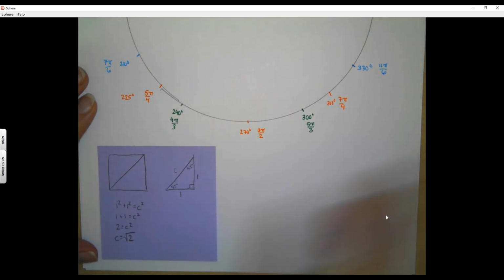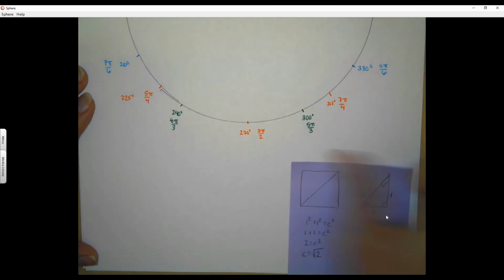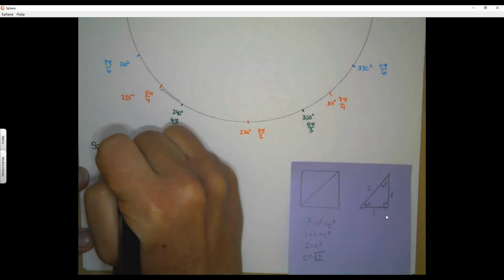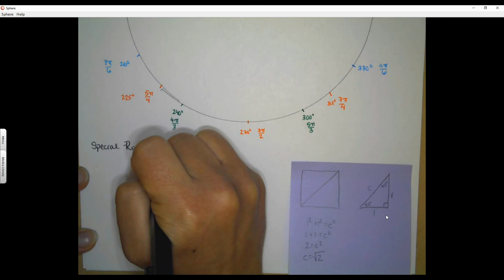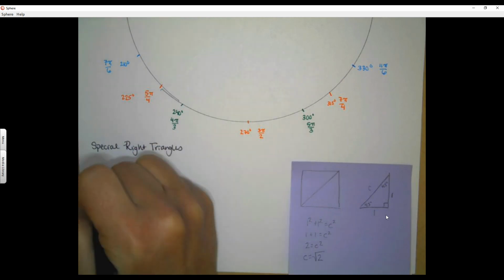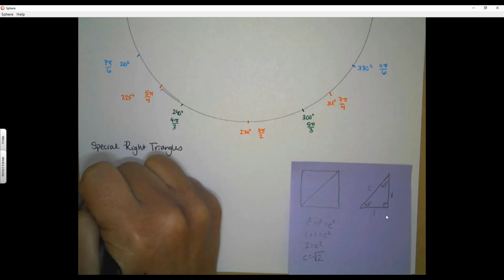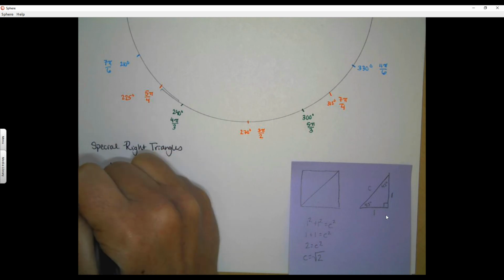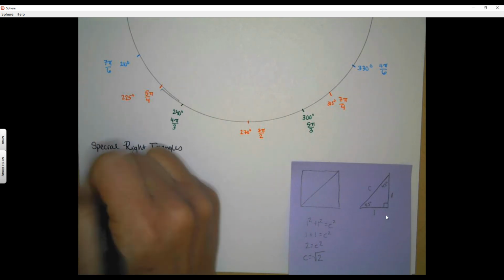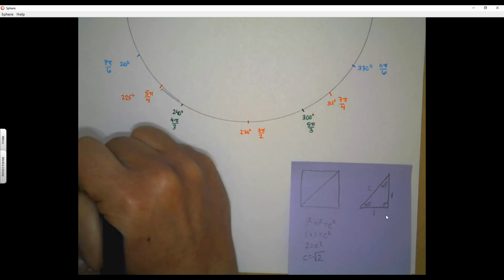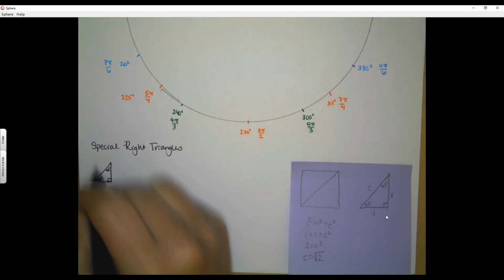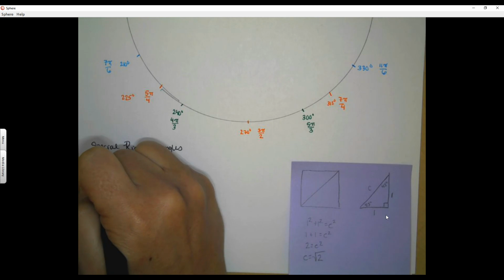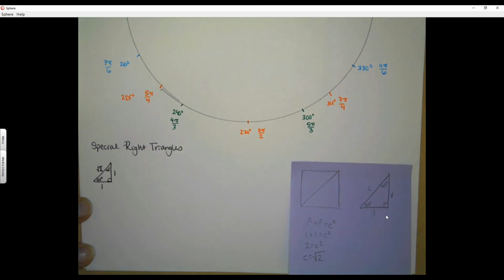So as a reminder with your special right triangles, in a 45-45-90 triangle, if the two legs have sides of 1, then the hypotenuse has a side length of square root 2.